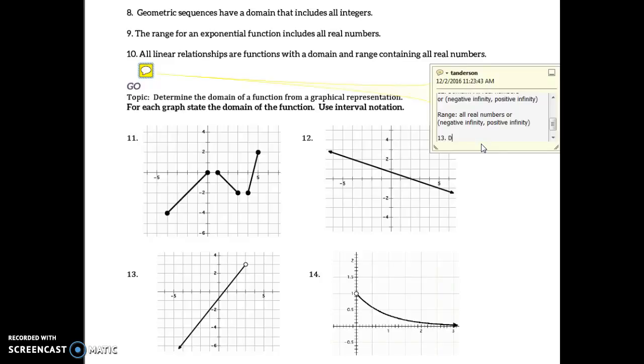13. Domain. The leftmost point, this is going to continue going left, so we're going to start at negative infinity until it comes all the way right until we hit right here, right? Until we hit 3. Notice that's an open circle, so we're going to use a parenthesis.